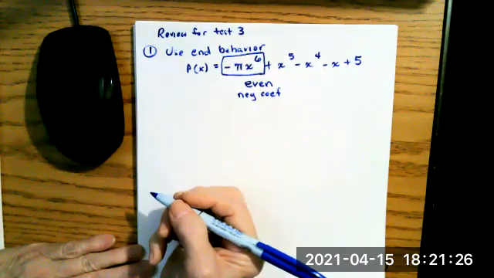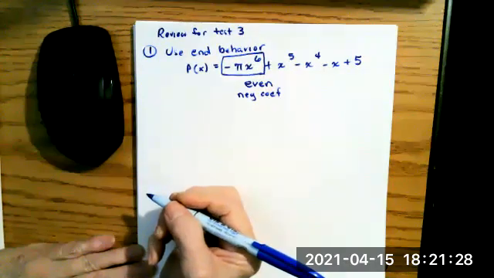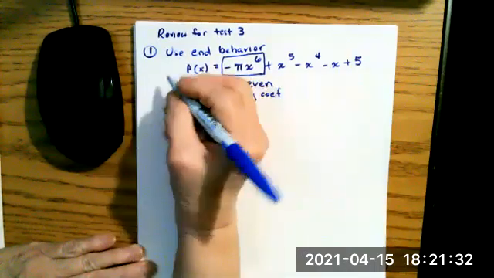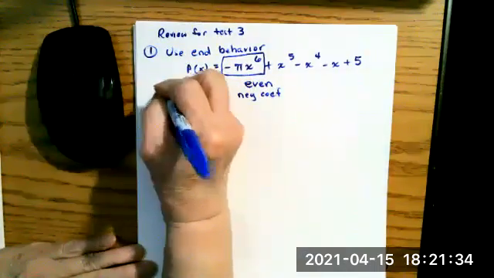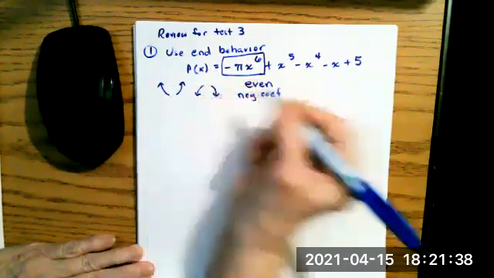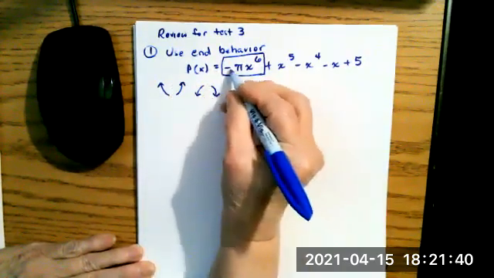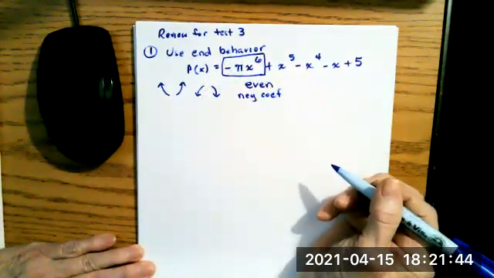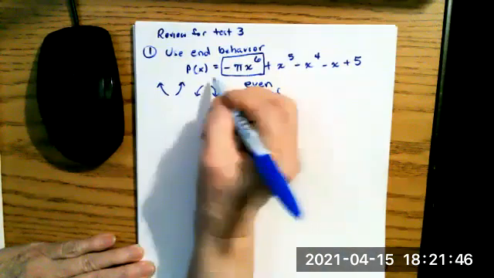Do you remember how the ending behavior looks on one that's even? Remember those parabolas, they're either going to go up or they're going to go down. Which picture is it going to be if you have a negative coefficient? Is it going down?